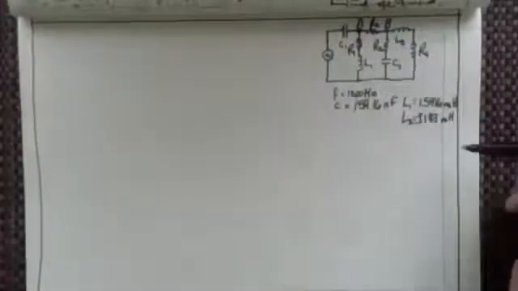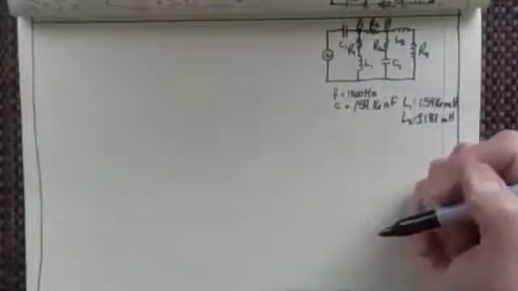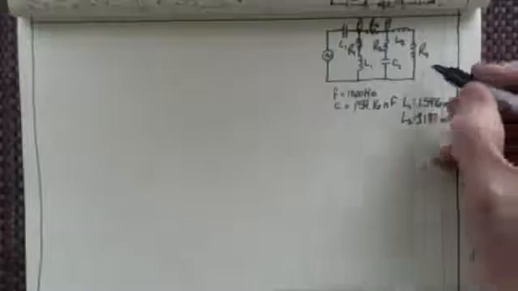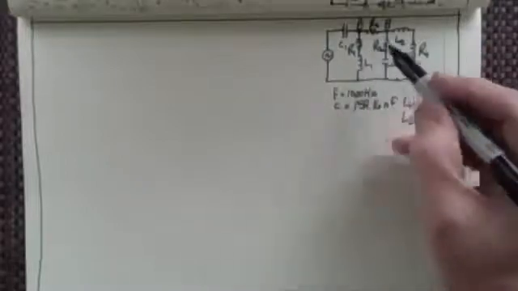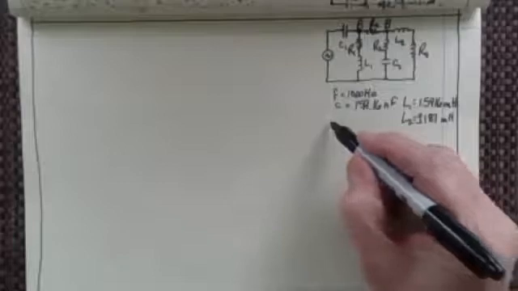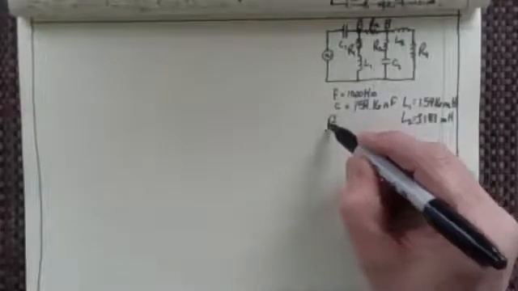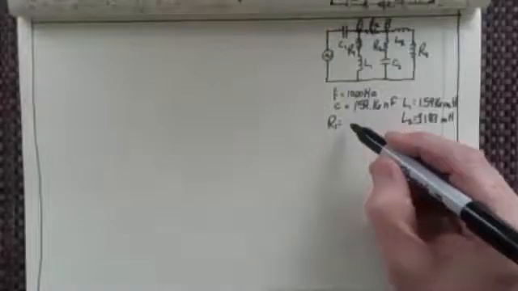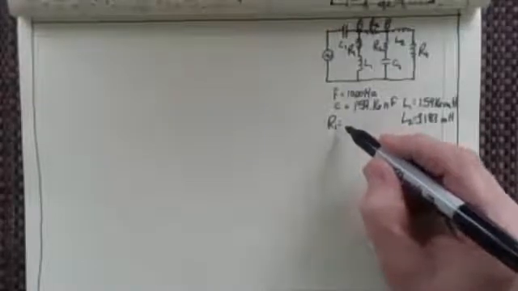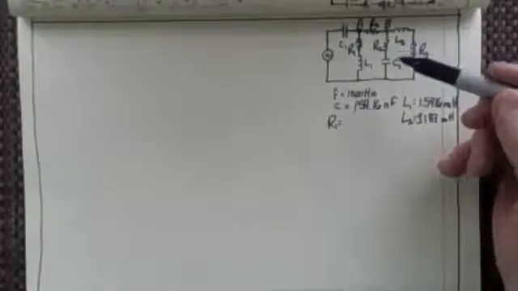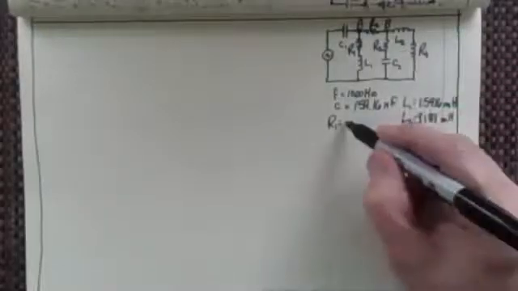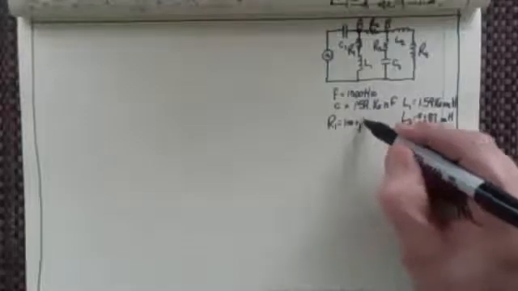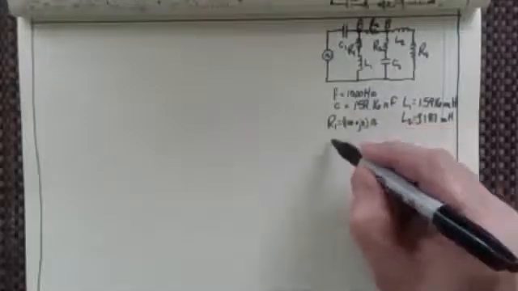What that did with the individual components is it made them all either 100 or 200. Going back to the circuit, R1 was 100 plus J0 ohms.